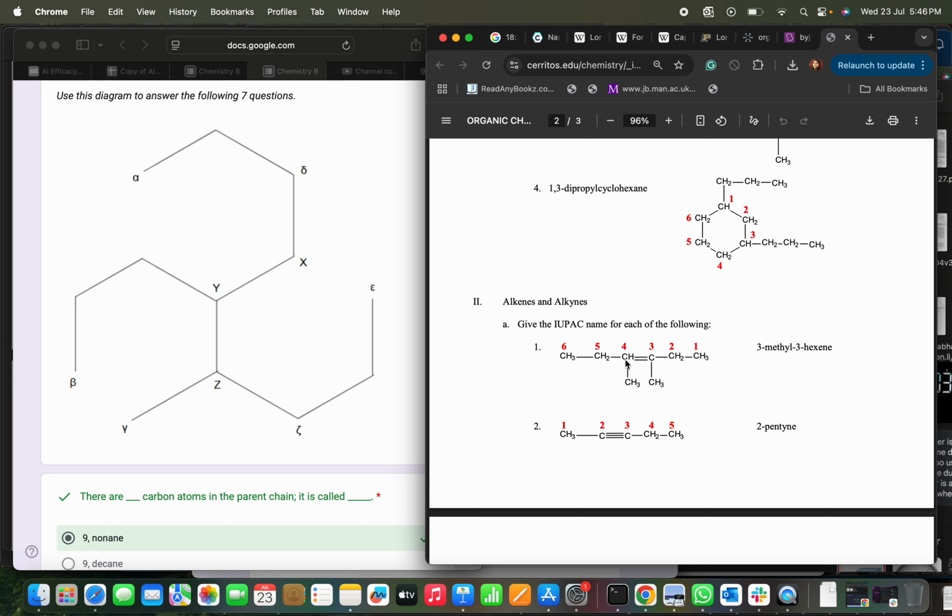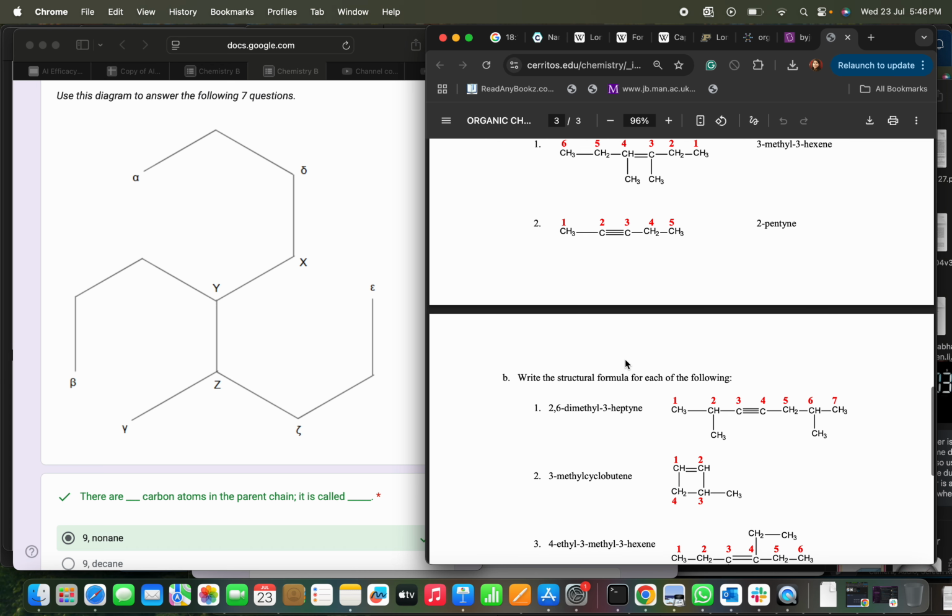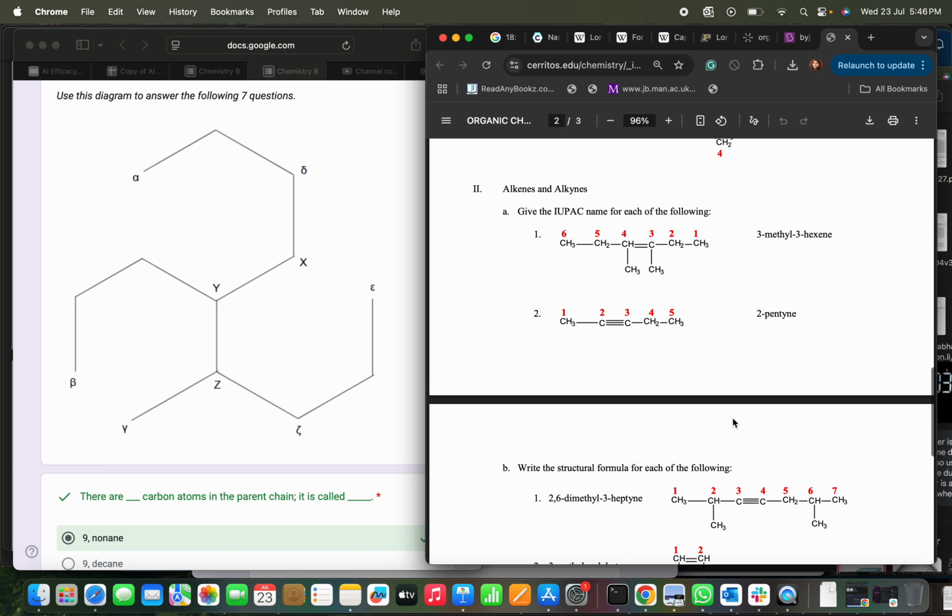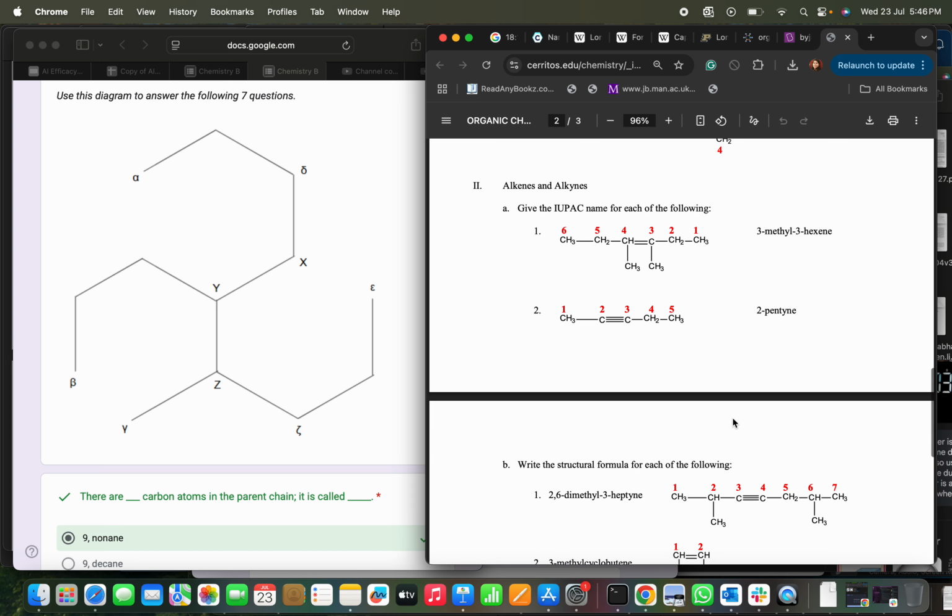Why didn't 4 come? 2 pentyne, triple bond. Shouldn't something come with respect to 4? 2 comma 3 comma 4 methyl. It should be like that, right?